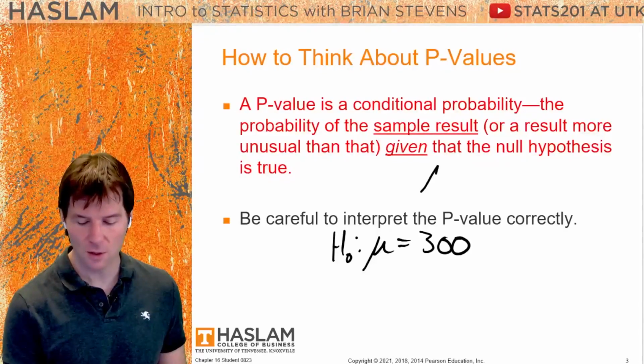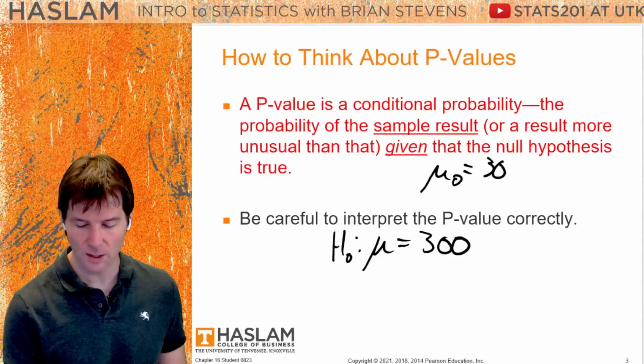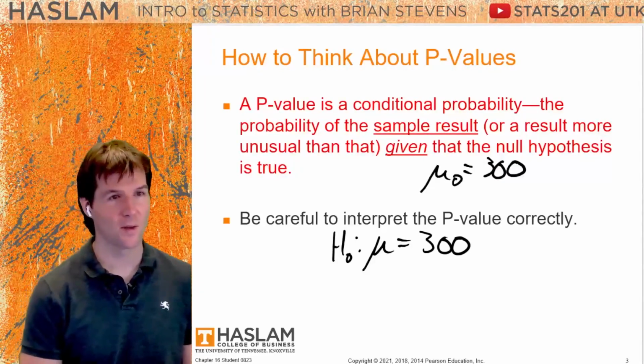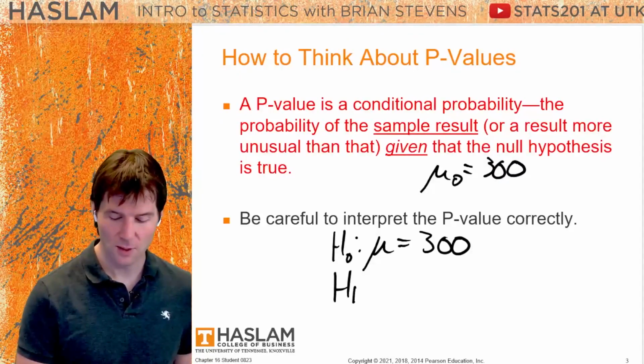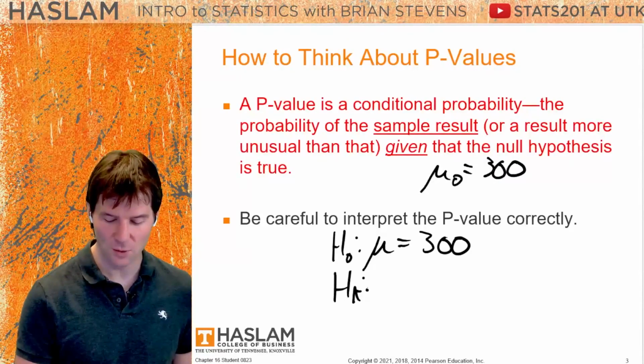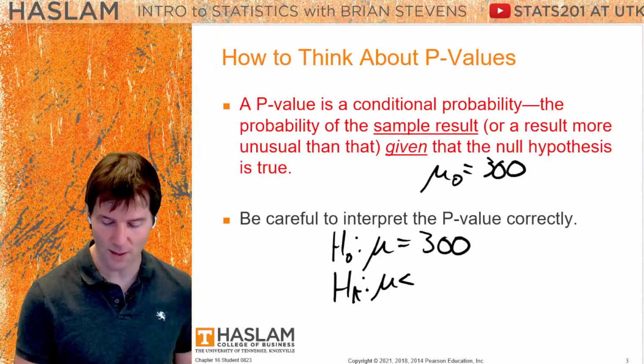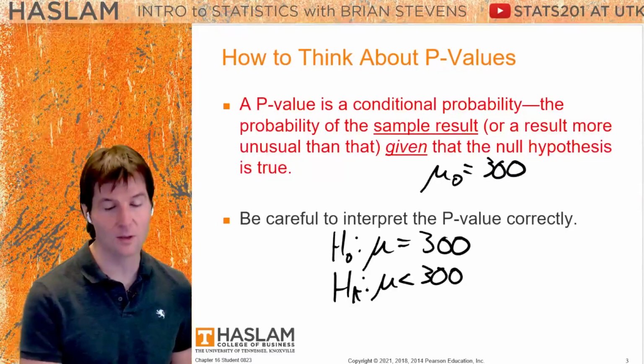Now, in this notation, notice mu naught is equal to 300 because that is the hypothesized value. And with this, we are saying an alternative. We're going to say, I believe the truth is less than this, that your true average 1-rep max bench is less than 300.